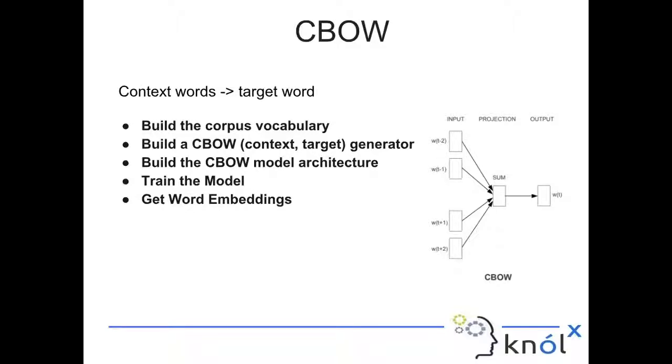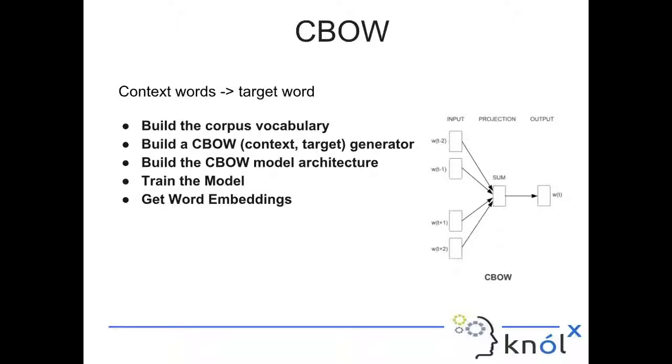Then we will generate one mapping. There would be a context and target mapping, and there are tools for that. We can do it manually as well, but of course we have computers, so we'll be doing that through them.